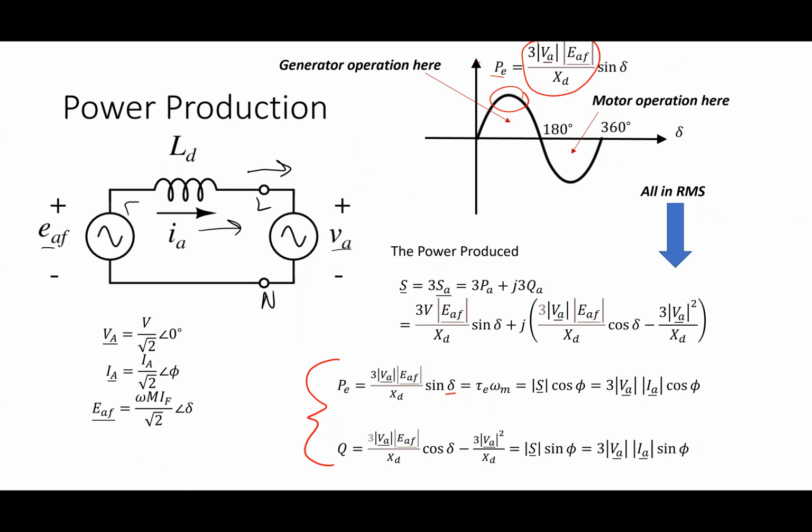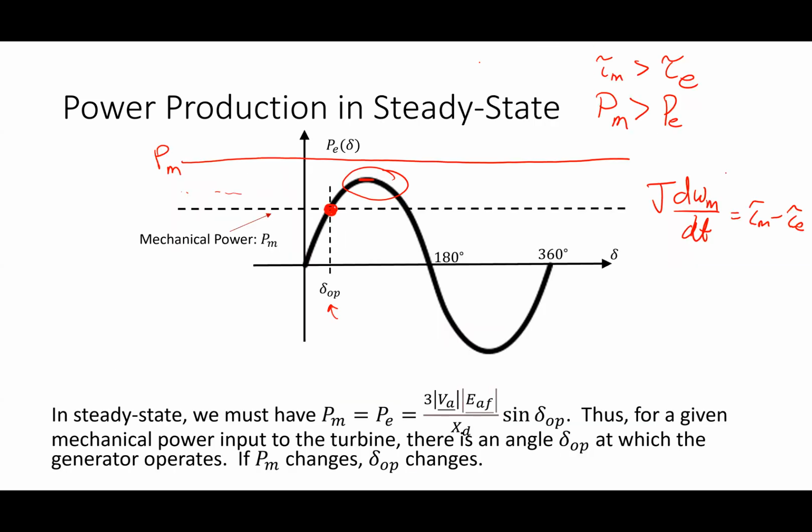That's the situation that you more frequently worry about. And that can get into a situation that leads to instability as well. And a lot of protection design is associated with that kind of stuff. If I get a short circuit, I've got to be able to deal with making sure that I don't lose synchronism. Okay. Those are all kind of advanced concepts, but the basic idea is important.